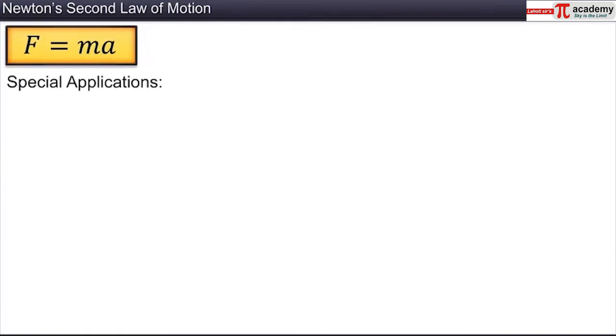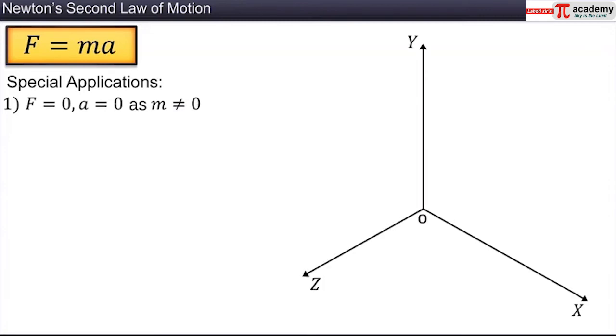There are certain special applications of Newton's second law of motion. When no force is applied on a body, there is no acceleration in its motion, since the mass of the body cannot be equal to zero. This is one way to write Newton's second law of motion. Since force applied and momentum are vectors, we can apply the law by taking their components in the three coordinate directions, that is, x, y and z.